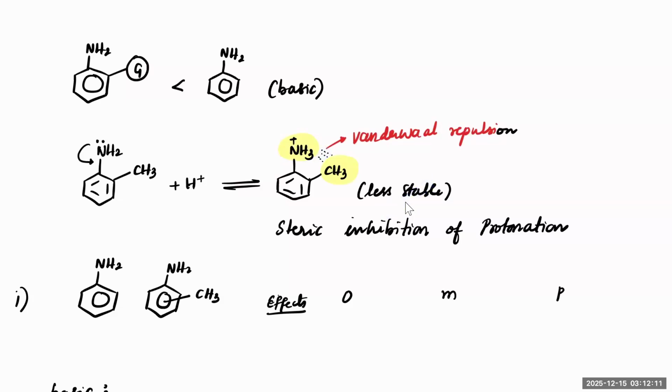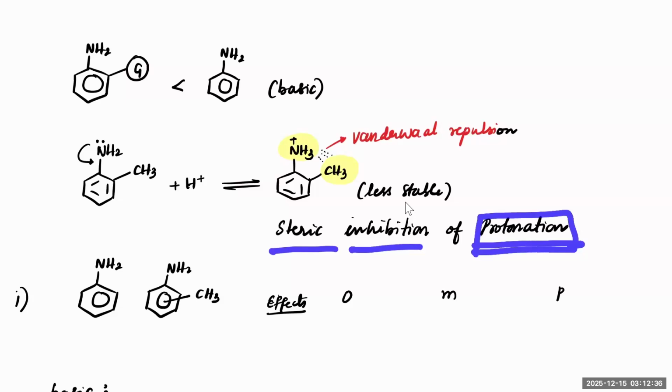Okay. That means this nitrogen is very reluctant to accept H plus. So it knows the consequence that if it accepts H plus, it has to bear a lot of repulsion from the other ortho group. That's why this nitrogen will be very hesitant to take H plus. And this hesitation is what we call steric inhibition of protonation.